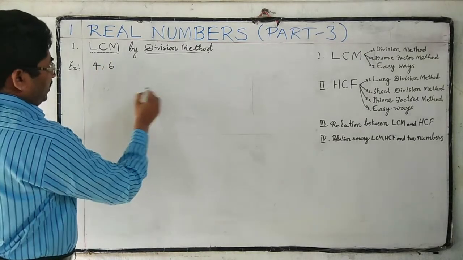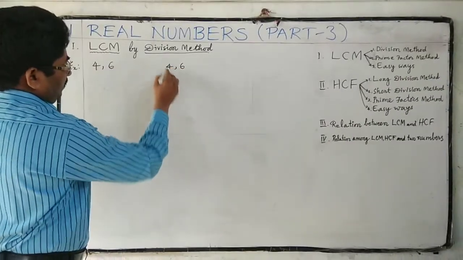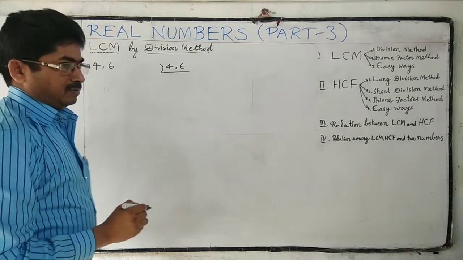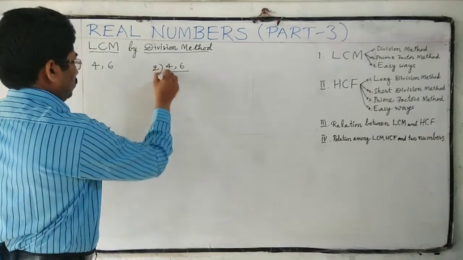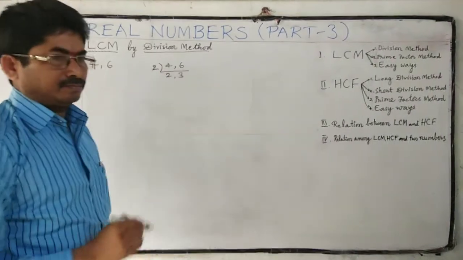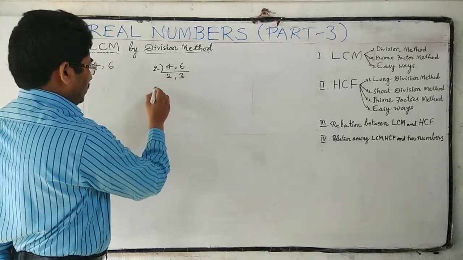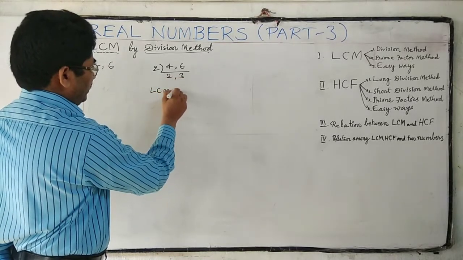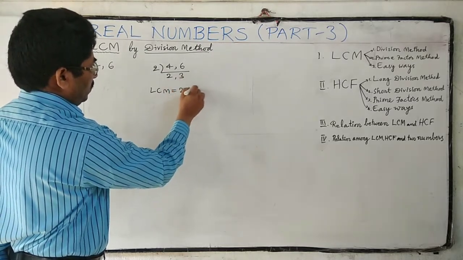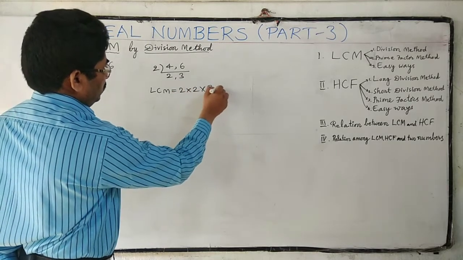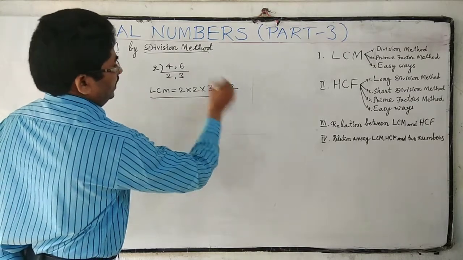In this division method, we have to write like this and divide taking common factors. 2 2s are 4, 2 3s are 6. These are primes, so we have to stop. LCM, we have to write 2 into 3 into 2, 2 2s are 4, 4 3s are 12. 12 is the LCM.